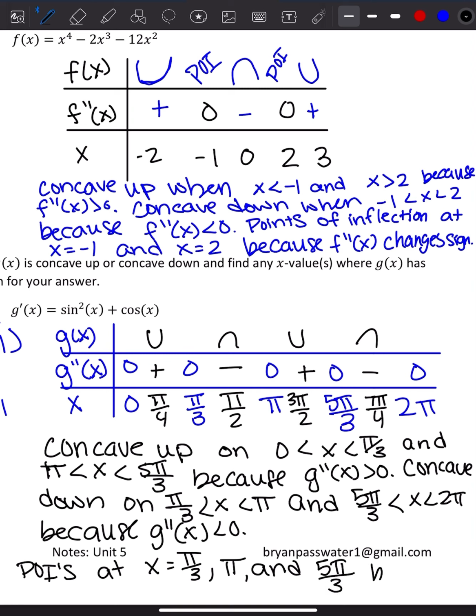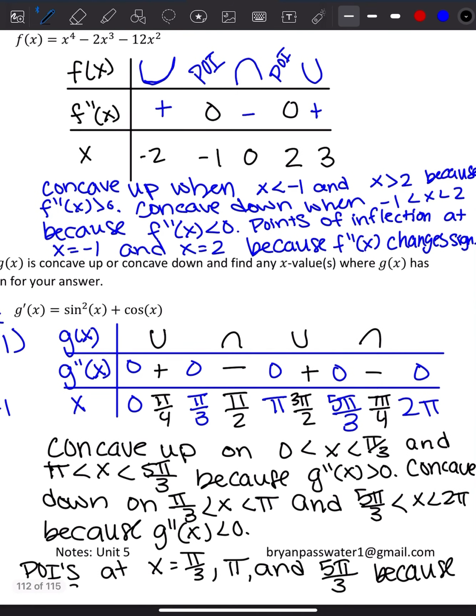And that is because g double prime of x changes signs at those values specifically.